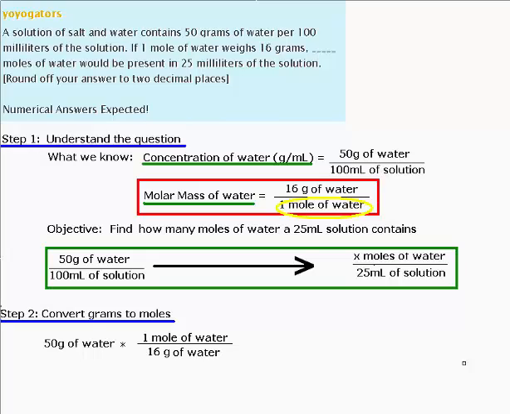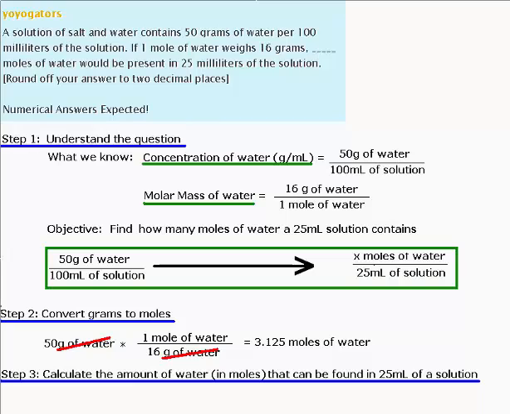You can see that the moles of water are now in the numerator and the grams of water is now in the denominator. You want to do that so that you can cancel out the grams of water, because grams of water divided by grams of water is simply 1. And this reduces to 3.125 moles of water.